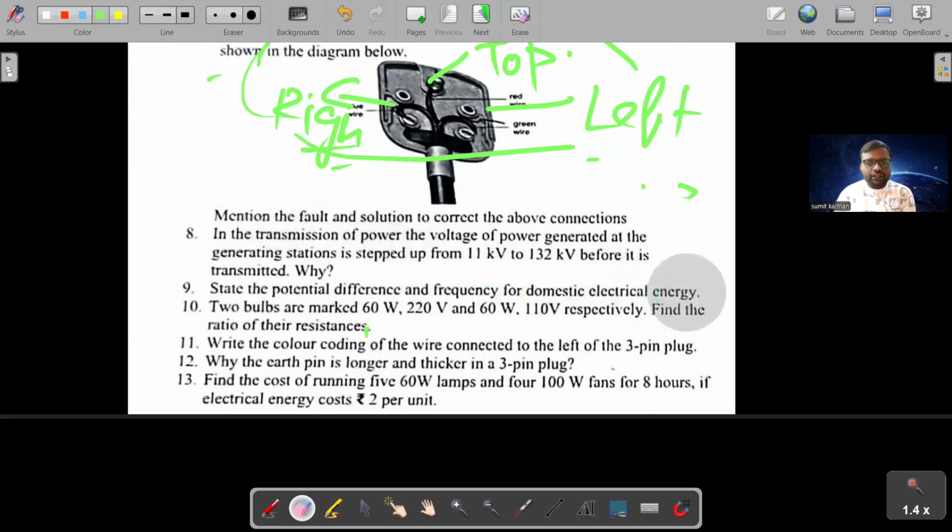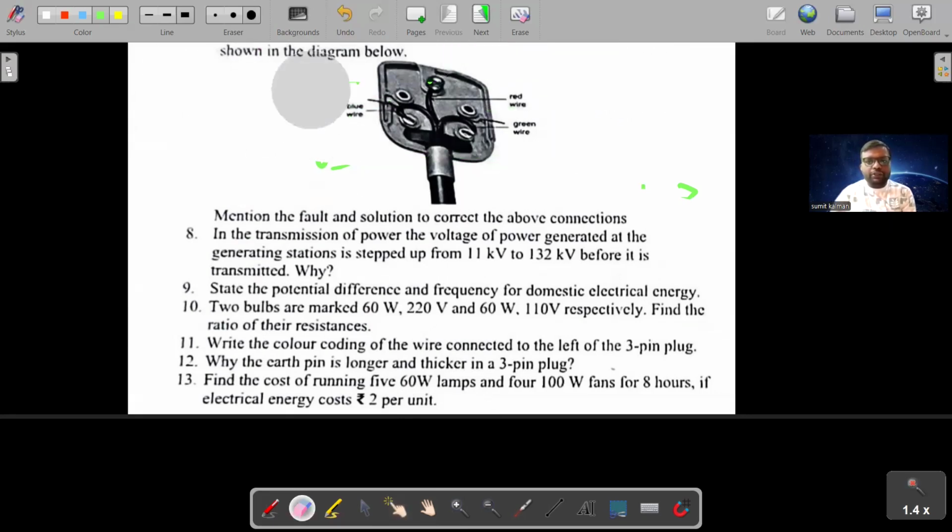Next is: two bulbs are marked 60 watt 220 volt and 60 watt 110 volt. Find the ratio of their resistance. So students, we have to find the ratio of the resistances. As we all know, power is equal to voltage into current.